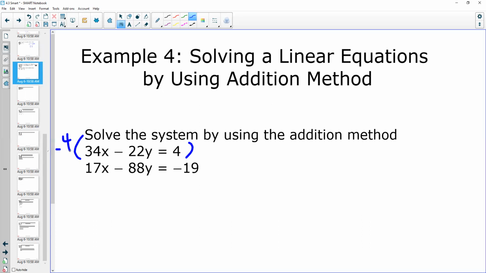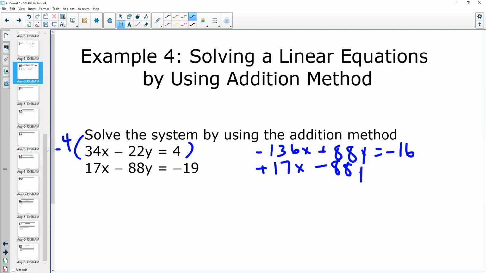So let's see. 34 times negative 4 is negative 136x plus 88y equals negative 16. I left the second one the same, plus 17x minus 88y equals negative 19.